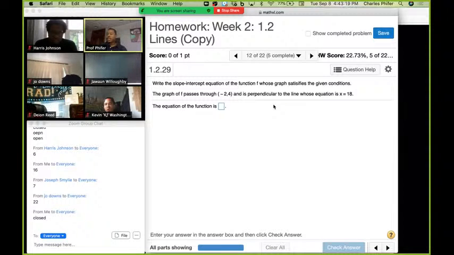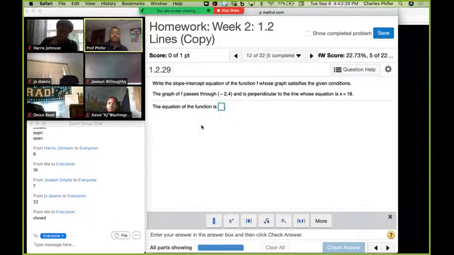So x equals 18 is a vertical line. That means if we're going to be perpendicular to a vertical, our line needs to be horizontal. So then it's just going to be y equals 4 in this case. All horizontal lines are perpendicular to all vertical lines, right? We said what? y equals 4.